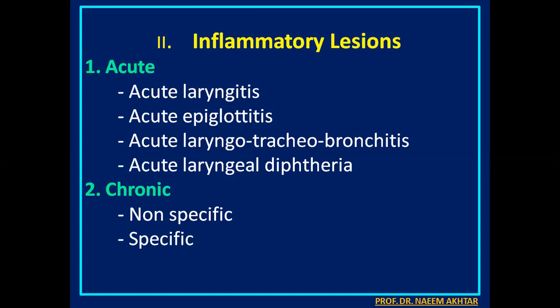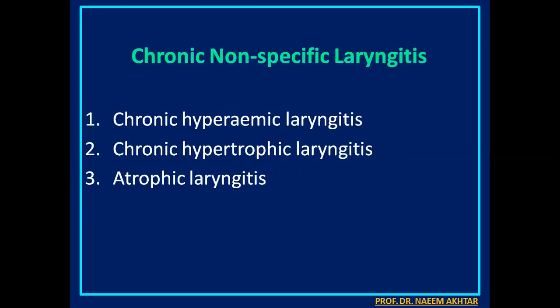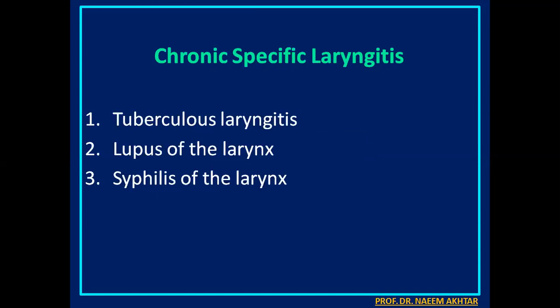In chronic inflammatory lesions, we have non-specific and specific inflammations. In chronic non-specific inflammations, we have chronic non-specific laryngitis in the form of chronic hyperemic laryngitis, chronic hypertrophic laryngitis, and atrophic laryngitis. In chronic specific laryngitis, we have tuberculous laryngitis, lupus of the larynx, and syphilis of the larynx.